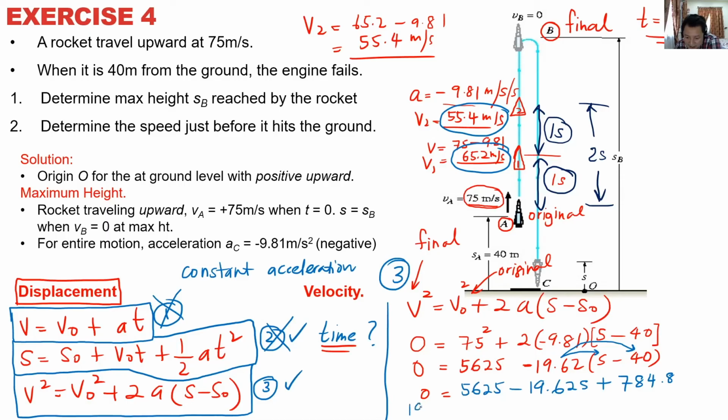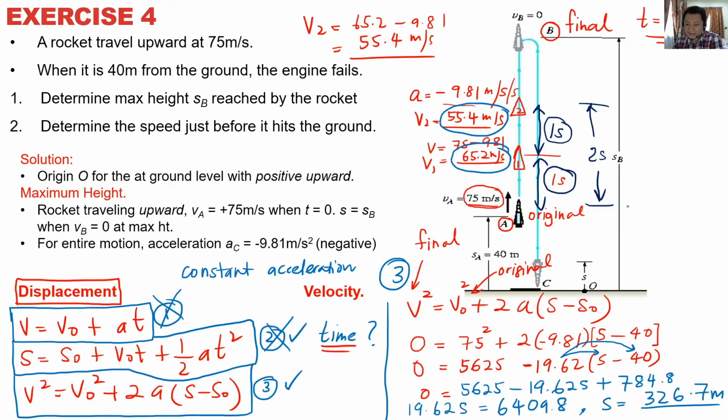So you got 19.62 S sama dengan campur 5625, 5625, 6409.8, 6409.8. So kira punya kira S sama dengan berapa? Divide by 19.62. So dapat 326.7 meter.